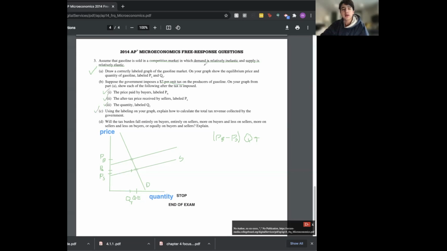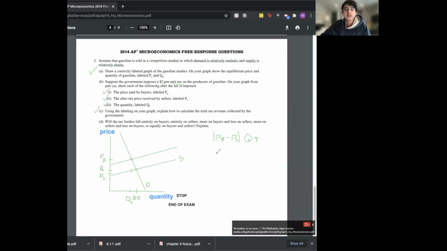Essentially, whatever the price change, buyers will generally still have to buy this product, and suppliers can change however much they charge. So with this tax, suppliers could charge more, and at the same time, the buyers would still have to buy.